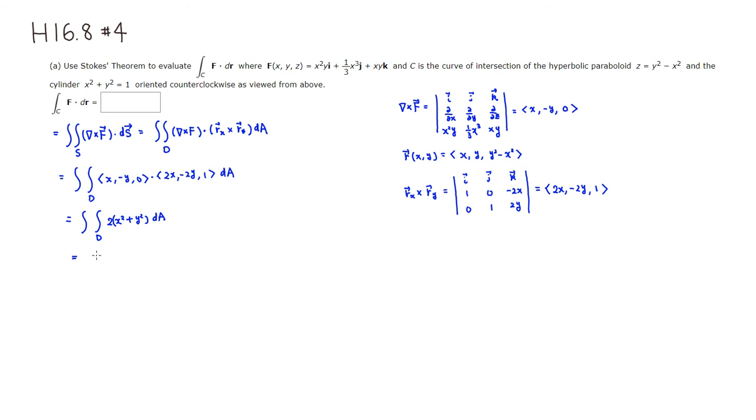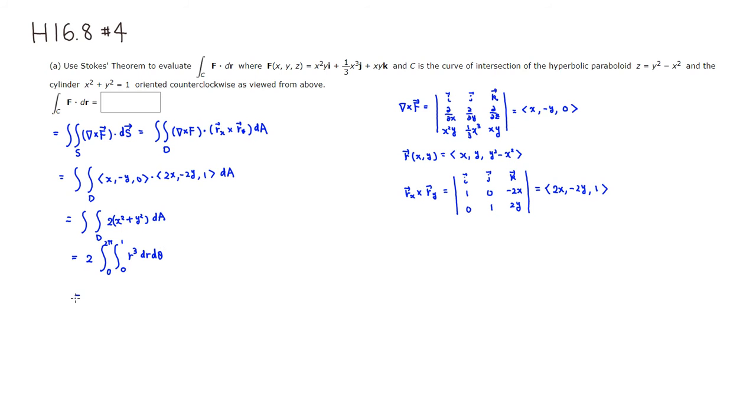The 2 is a constant, so I'll kick it out. Since this is the unit disk, r goes from 0 to 1 and theta goes from 0 to 2 pi. Then x squared plus y squared is r squared, and dA is r dr d theta, so we have r cubed dr d theta.